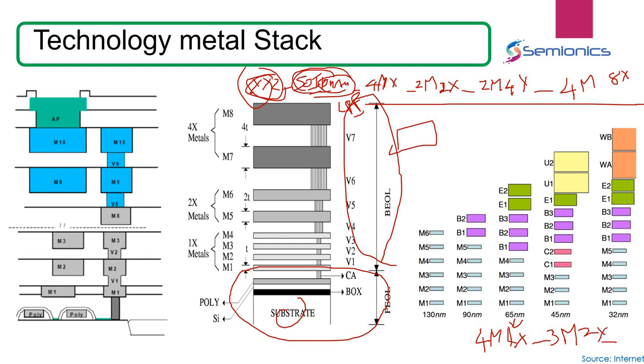And then the last two metals, the next two higher metals, are of 4x, you can put it. Likewise, you can give the naming for these higher metal stacks at lower technology nodes.